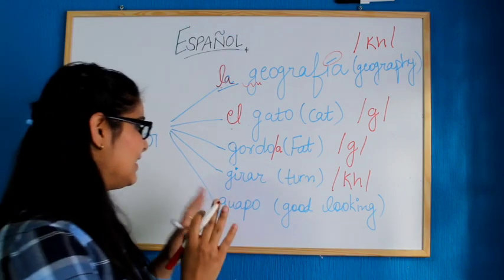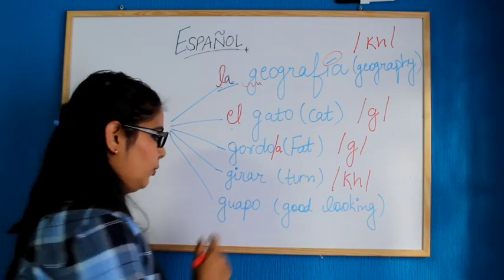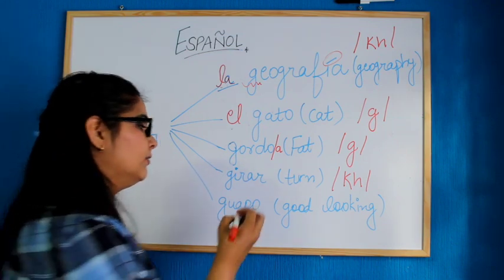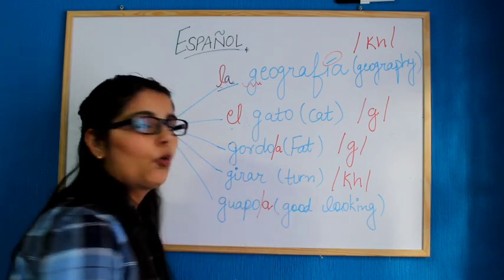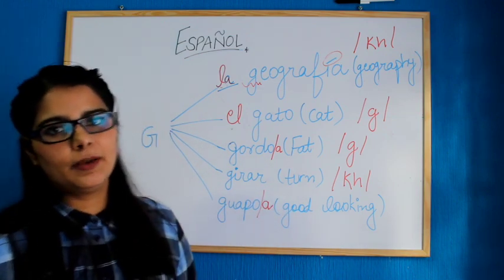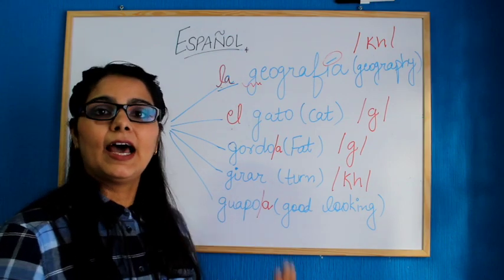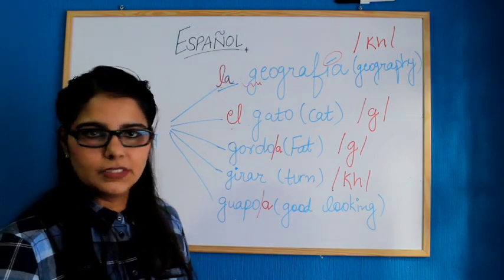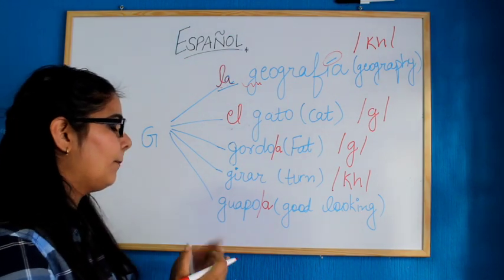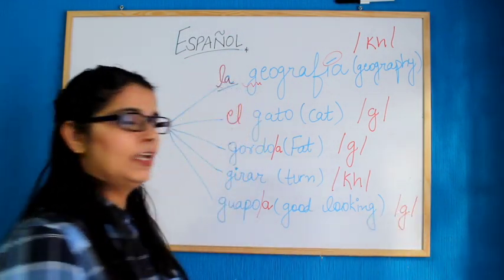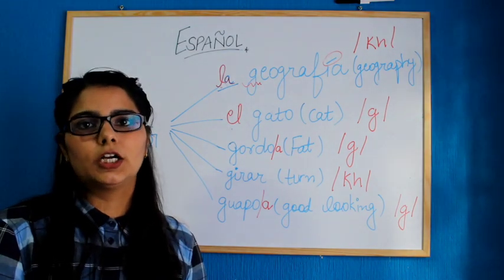Okay. Next is guapo. Guapo is good looking, and naturally if we say guapa, it's feminine good looking. So you can say handsome is guapo, masculine, and beautiful is guapa, feminine. So guapo or guapa have the g sound.